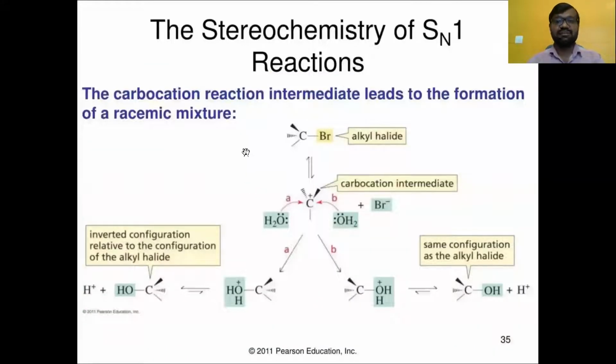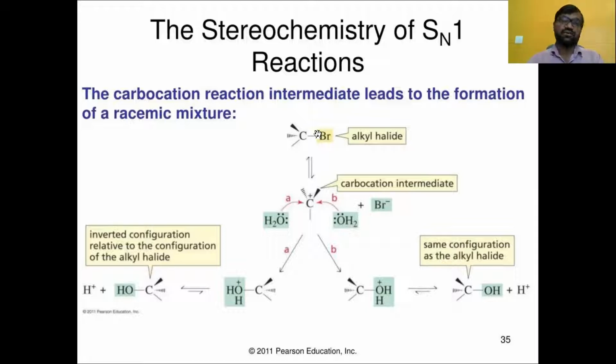So why is such a thing happening? It happens because after the loss of the leaving group, it may form a carbocation, and the carbocation is easily stabilized when it is further conjugated with more and more alkyl groups.